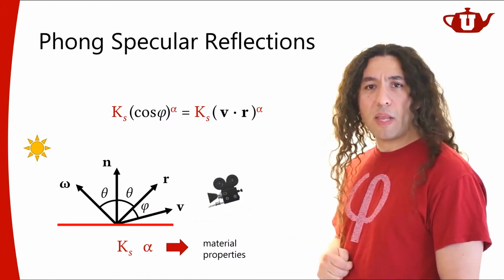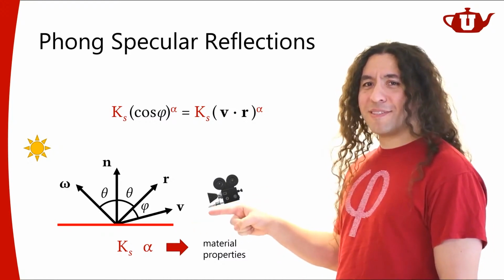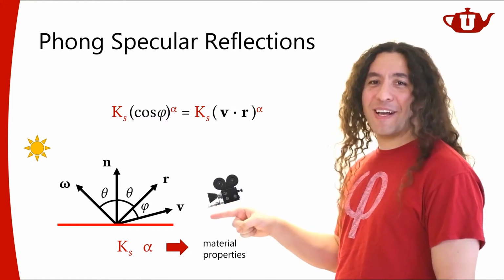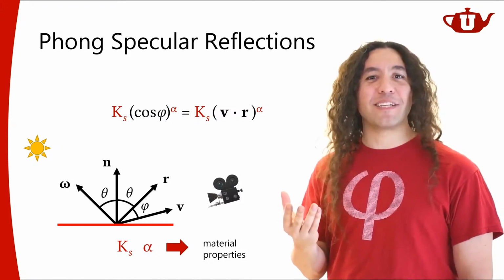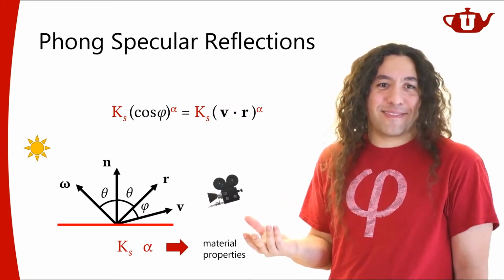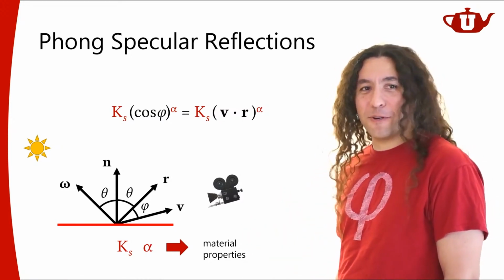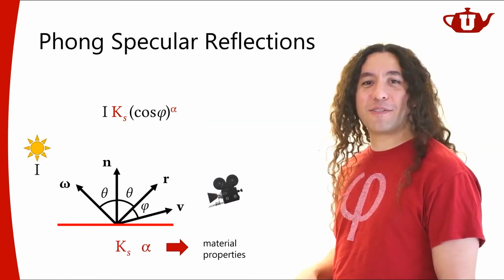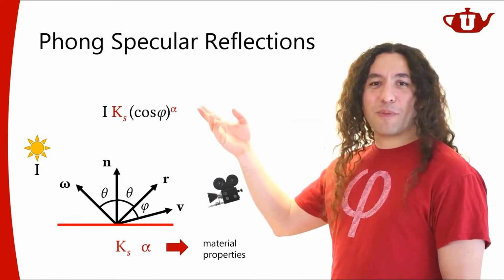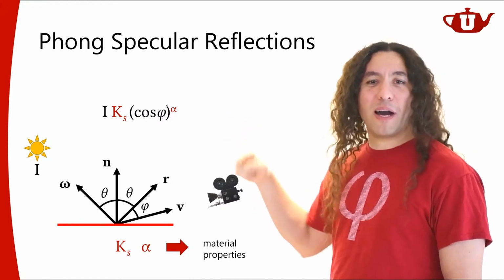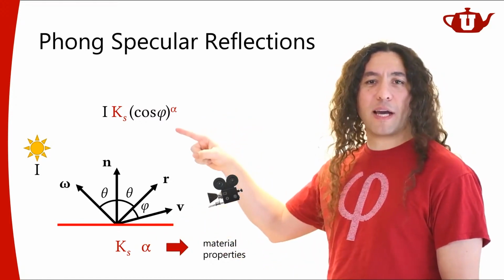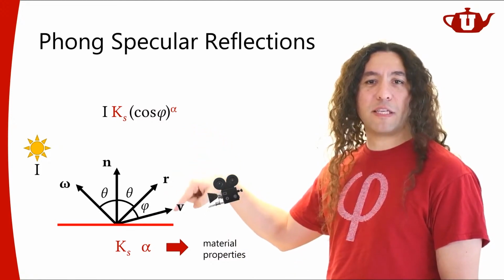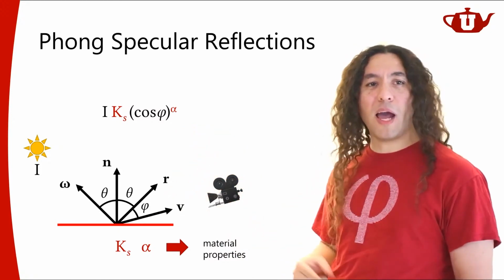Okay? And of course, I need to multiply this by the intensity of the light source, right? Kind of makes sense, just like we did for the diffuse reflection. So multiply the light source intensity by my specular coefficient, and then the cosine of the angle between these two directions to the power alpha.